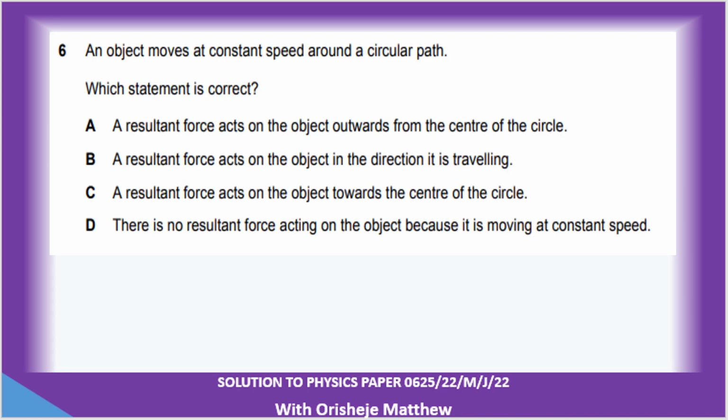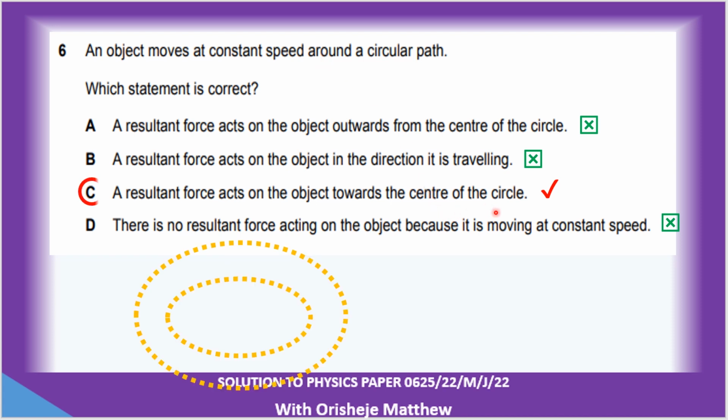An object moves at a constant speed round the circular path. Which statement is correct? The resultant force acting on the object is towards the center of the circle. So if you have the ball moving in that circular path, the centripetal force is always pointing towards the center.